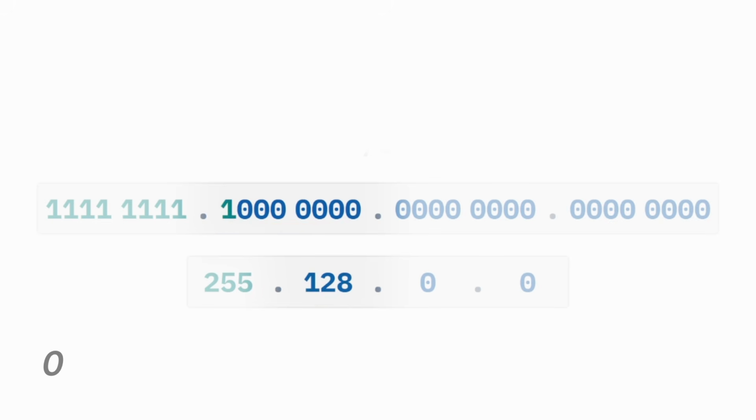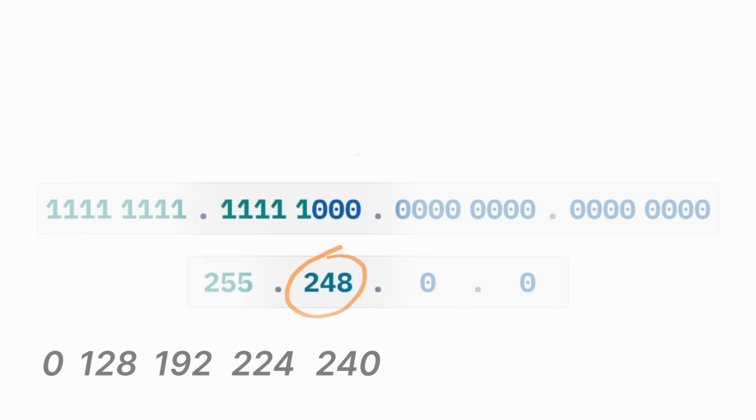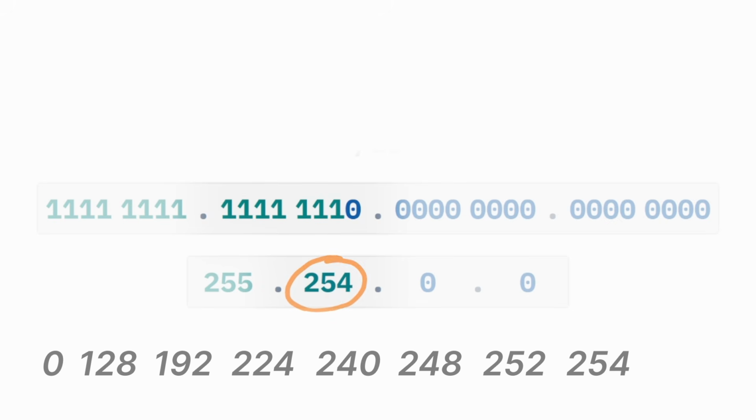But then we can have a 1 in the first position, followed by all zeros, which translates to 128, or 2 ones, and then all zeros, which translates to 192, or 3 ones, which translates to 224, or 4 ones, which translates to 240, or 5 ones, which translates to 248, or 6 ones, which translates to 252, or 7 ones, which translates to 254, or 8 ones, which translates to 255.